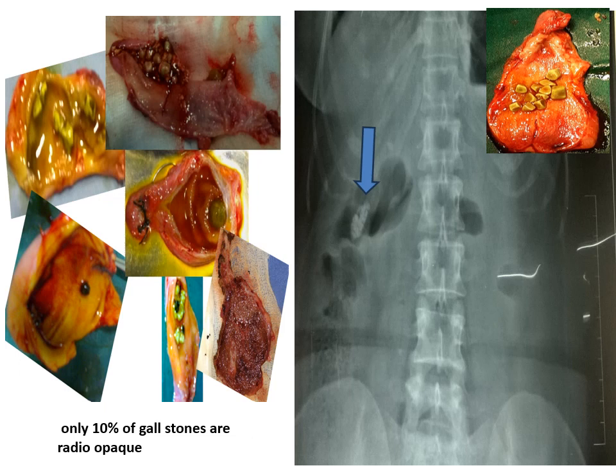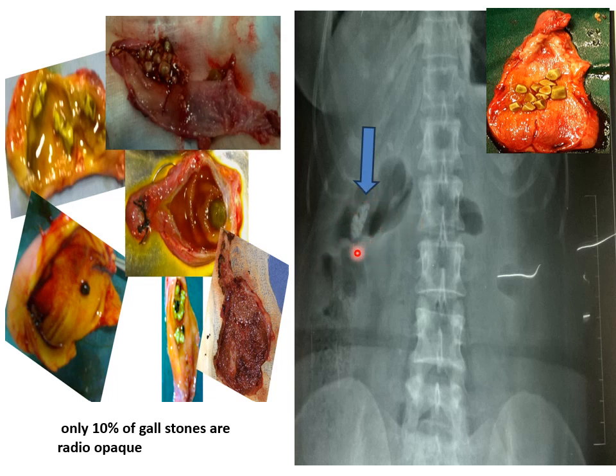So now, after having talked about all these gallstones, the question is how many of them are radiopaque? It's a common question. It's about 10%. And you're lucky to spot them on a plain X-ray. But then what you need to know, how do you differentiate gallstones from a kidney stone?